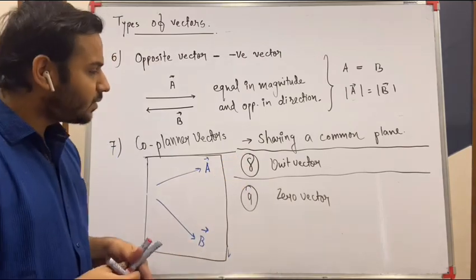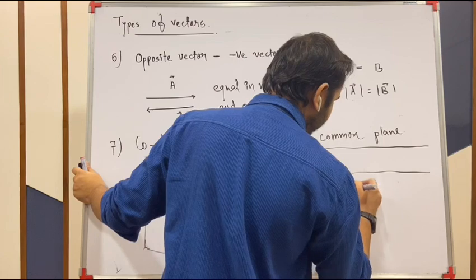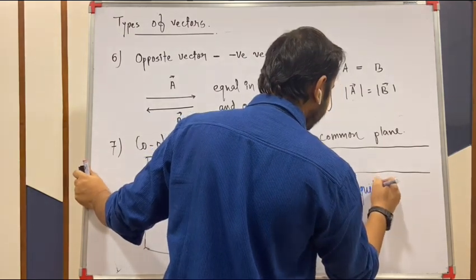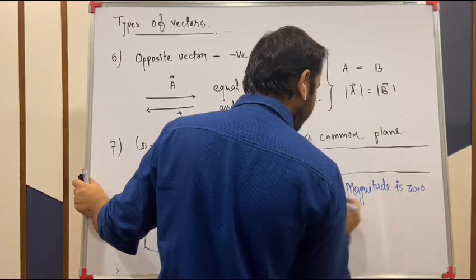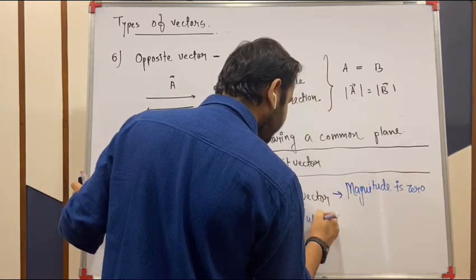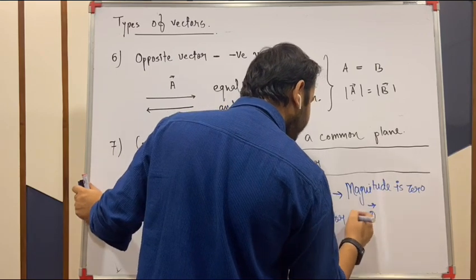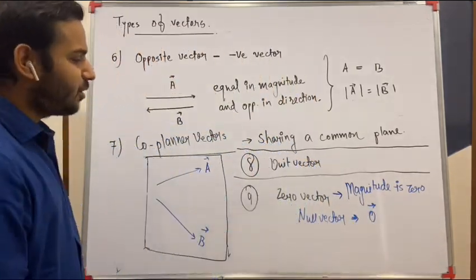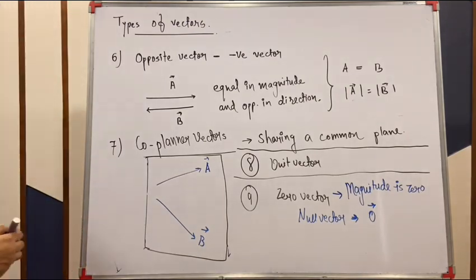I'll derive it afterwards. But zero vectors whose magnitude is 0, or you can say null vector, which is generally denoted by 0. Okay, null vector, zero vector, write down all these things.